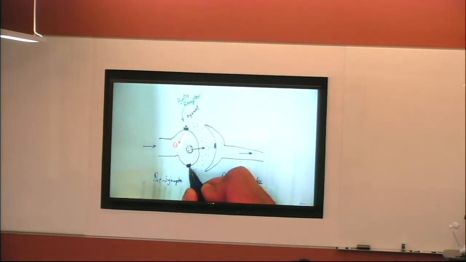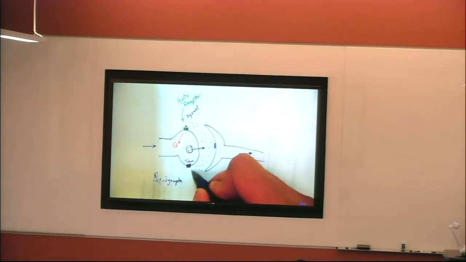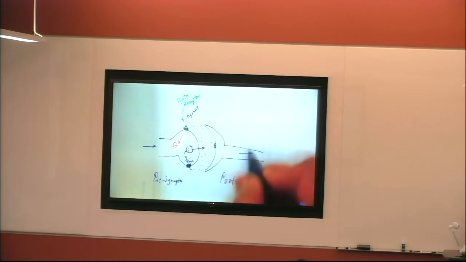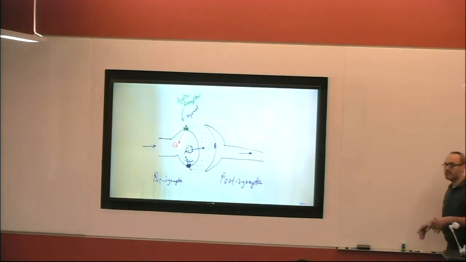So there's another one here called a transport protein. This is a transporter. When these are released in extra amounts, they are reuptaken back and stored and used again to be released.